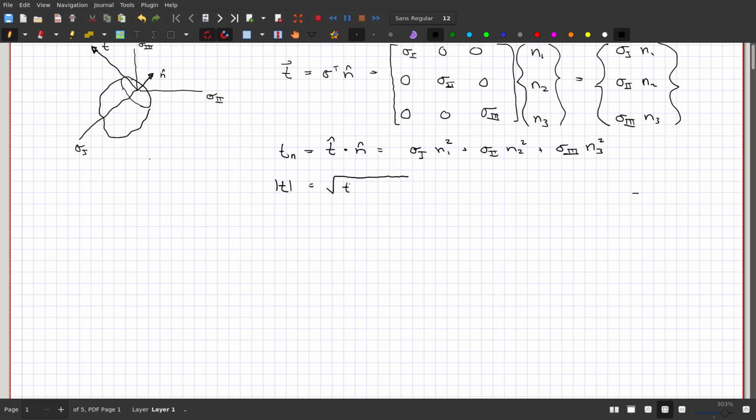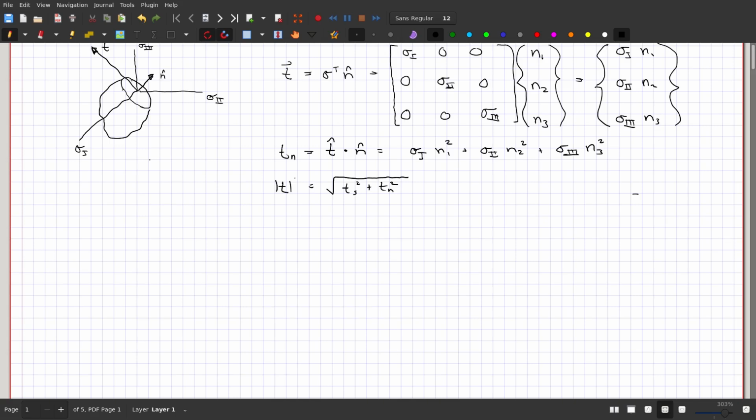So TS squared plus TN squared. And as I've already talked about in this class, I don't like to deal with square roots, right?